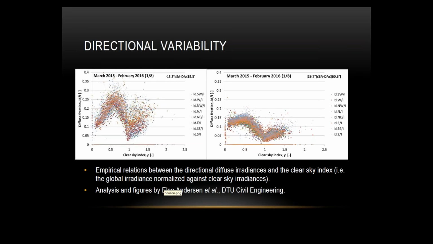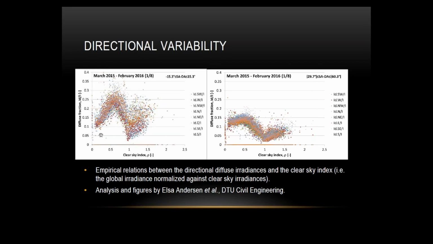So in Denmark we are far up north, so we are interested in utilizing this for lighting of buildings and also for passive solar heating of the buildings. So we've done some empirical analysis, and this has mainly been done by Niels Andersen, I should mention.